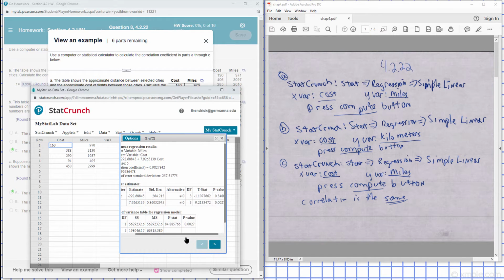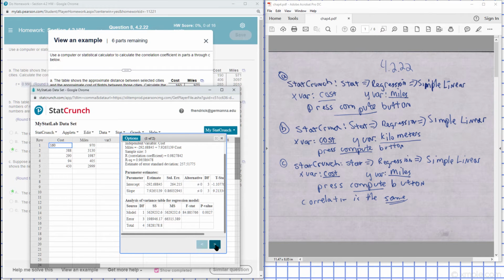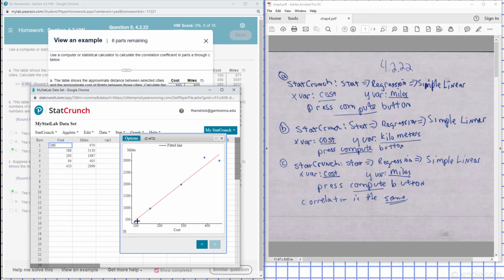Okay. Now if I click on this, what is that? The less than symbol there. Here, it gives me a plot, a scatter plot. And you have that regression line, the line of best fit.